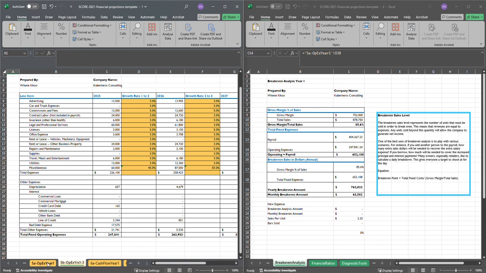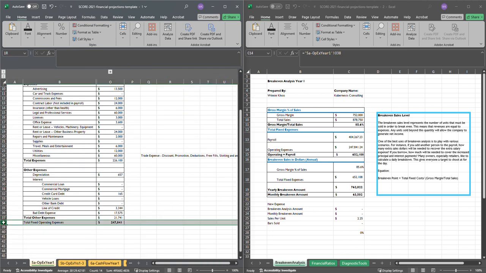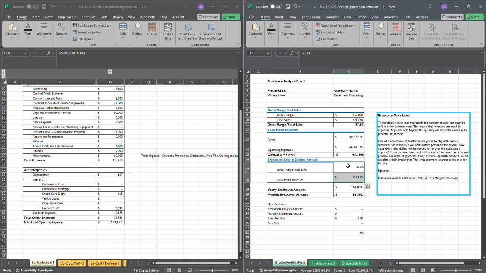The total fixed operating expenses for the year, the 247K, is getting pulled here. Both of these together give the total fixed expenses number, which is sort of repeated here.